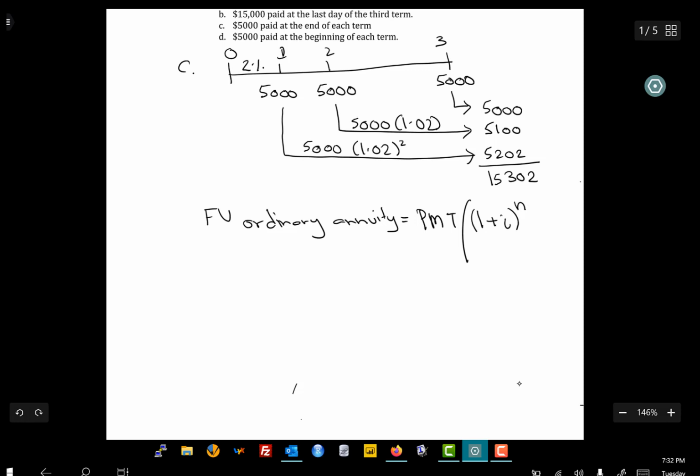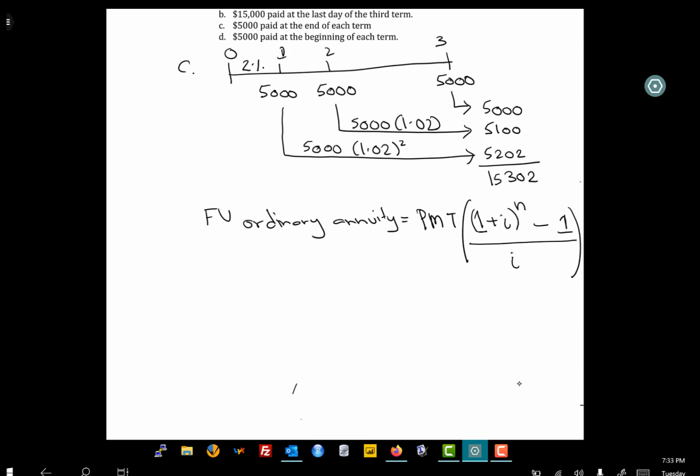Remember this n is the number of payments. So we have 1, 2, and 3 payments. Don't confuse it with the time period. This is how many payments there are, so there are 3. Take the whole thing, subtract 1, and then this entire thing over I.